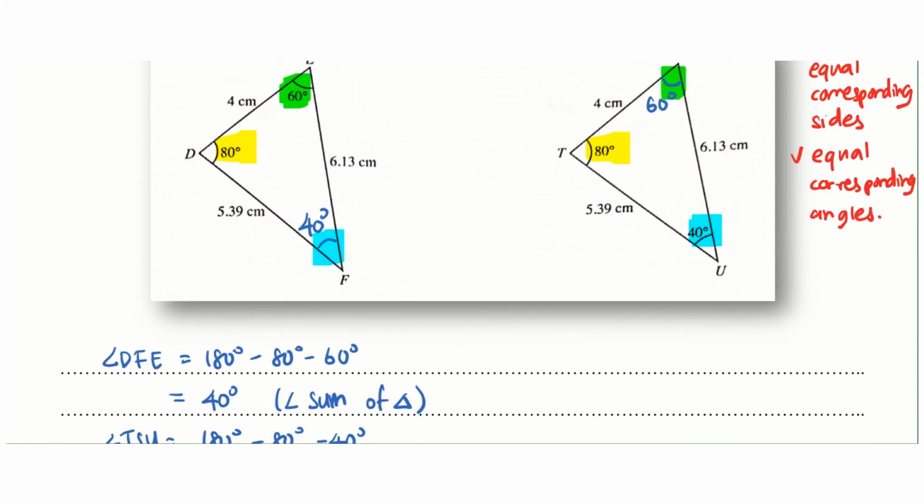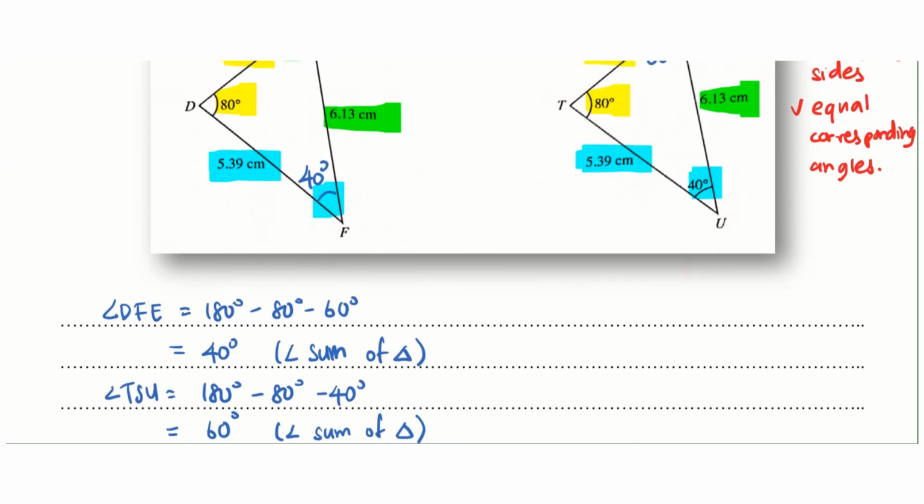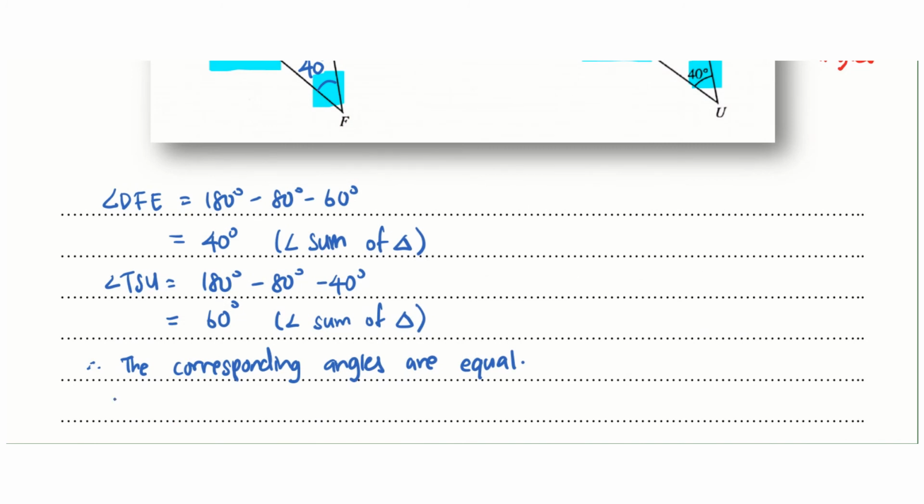Then we now check for the sides. For the sides we have 4 cm here and 4 cm, 5.39 cm, 5.39 cm, and finally 6.13 cm, 6.13 cm. So we say the corresponding sides are equal.